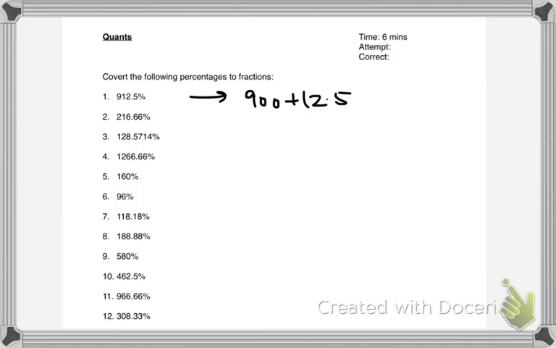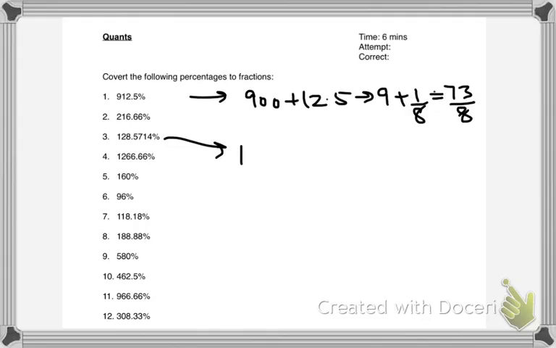Now dividing 900 and 12.5 by 100 for conversion to fraction, what you'll get is 9 plus 1 by 8. On adding this 1 by 8, what you'll get overall is 73 by 8. So the equivalent fraction for 912.5 is 73 by 8.